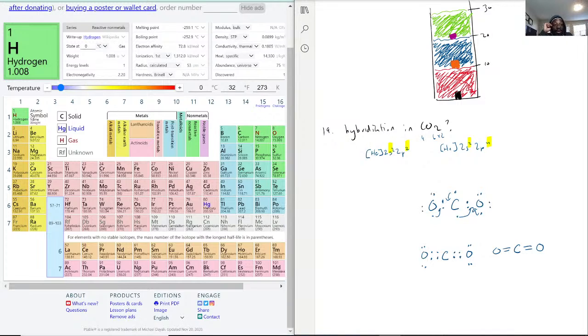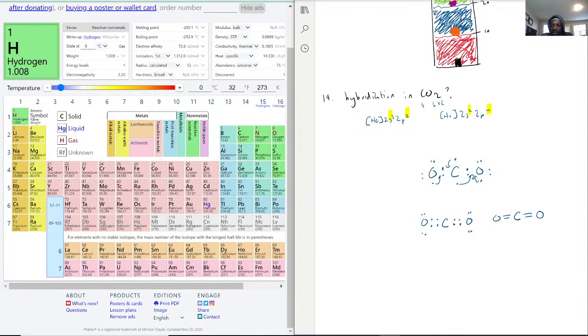Okay, so now the hybridization. The way it works, in simple terms, is that when it has more than one bond, it starts hitting that p orbital. So it starts as S, and then you add on to it.